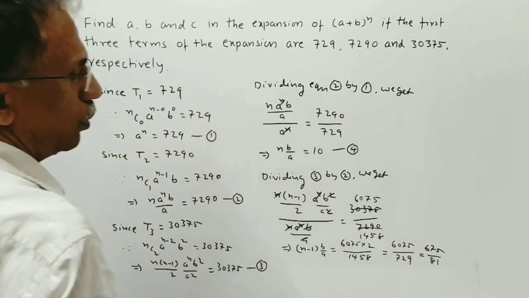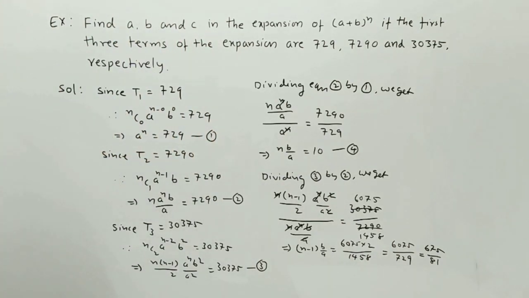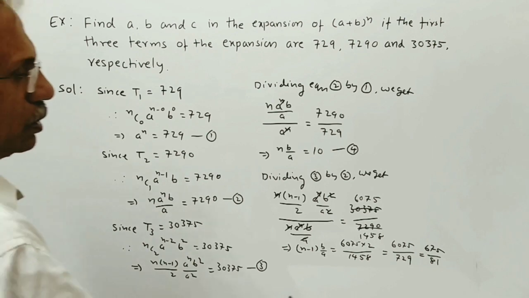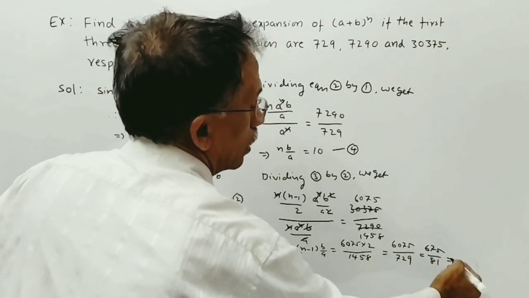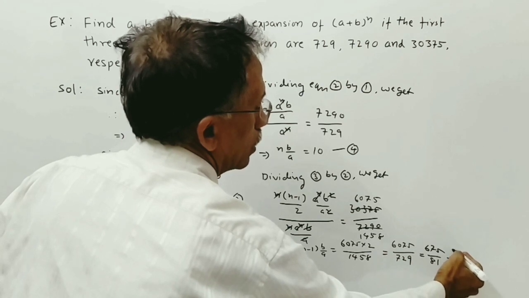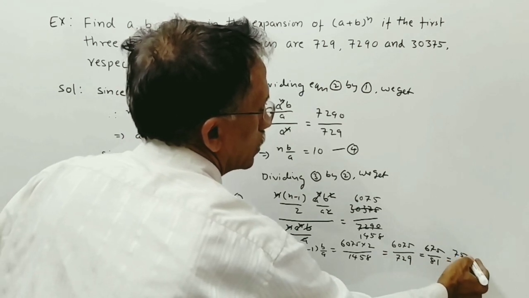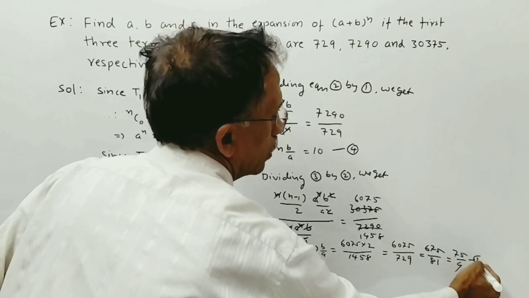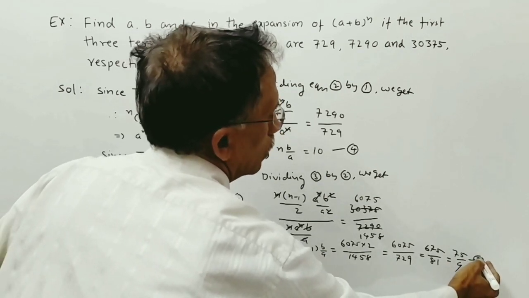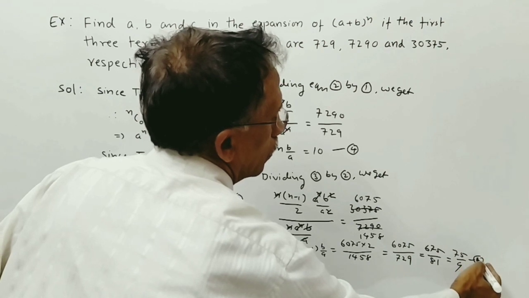When you divide both numerator and denominator by 9, once again when you divide by 9 you will get 75 divided by 9. Say number 5.